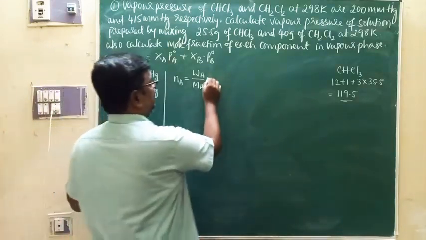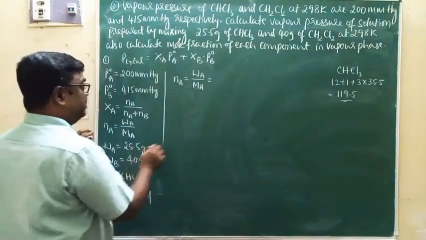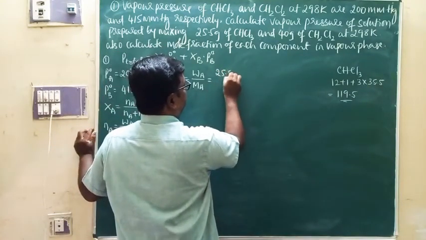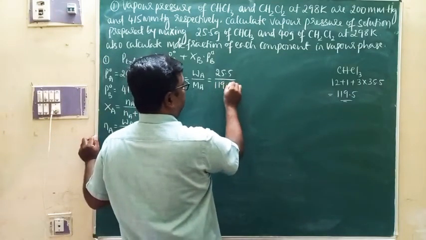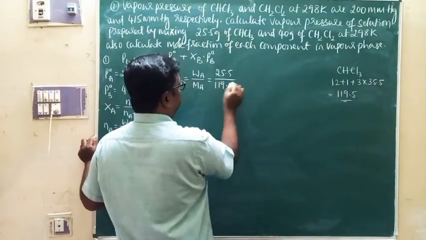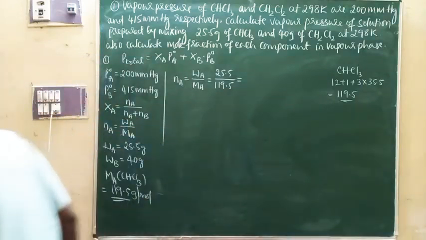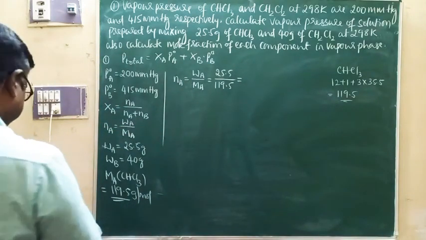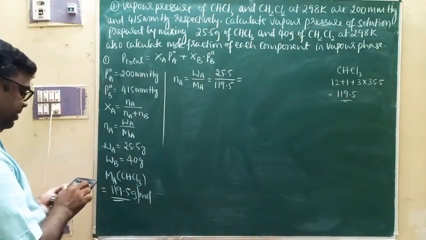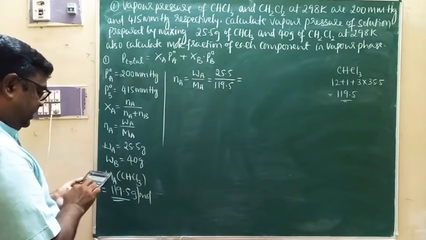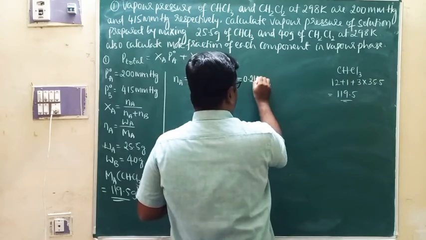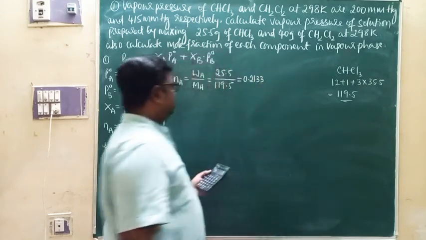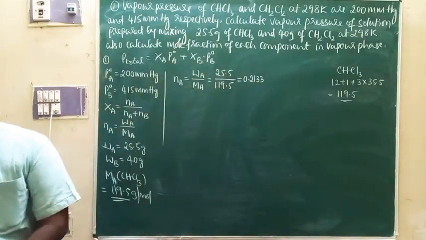Substitute here. Mass of A is 25.5 divided by molecular mass 119.5, and simplifying this, it comes out to be 0.2133. This is the number of moles of chloroform.